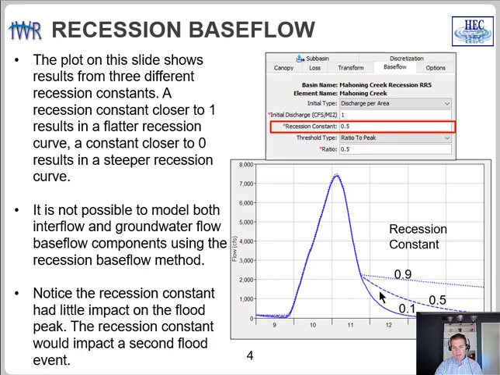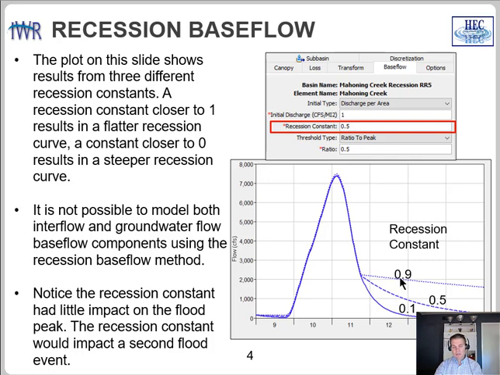The solid blue line shows a recession constant of 0.1 and how that receding limb would look. The larger dashed line has a recession constant of 0.5, and the smaller dashed line has a recession constant of 0.9.